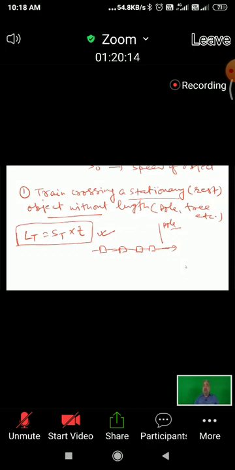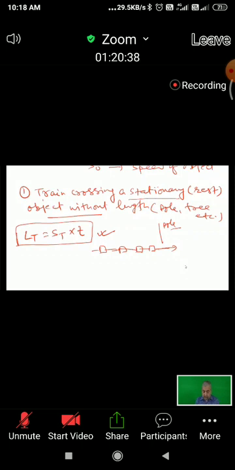And in questions based on trains, you need to convert kilometer per hour into meter per second or vice versa. I told you in the beginning: to convert kilometer per hour into meter per second, multiply by 5 by 18, and to convert meter per second into kilometer per hour, multiply by 18 by 5.